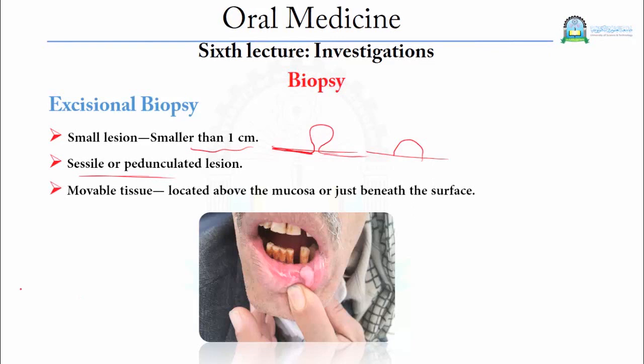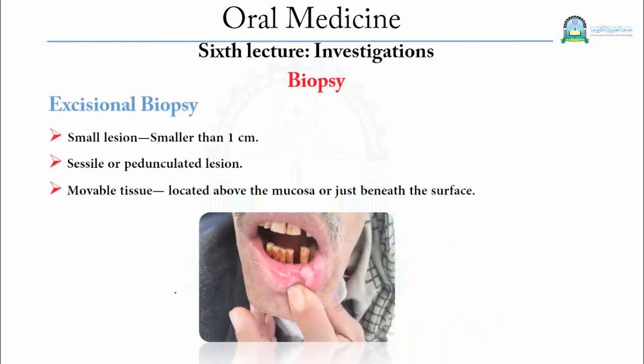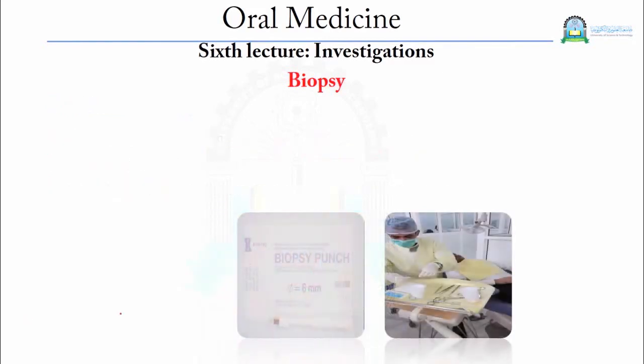Movable tissues located above the mucosa or just beneath the surface are also an indication for excisional biopsy. As we see in these clinical pictures, this patient complained of an exophytic lesion, and an excisional biopsy was done.